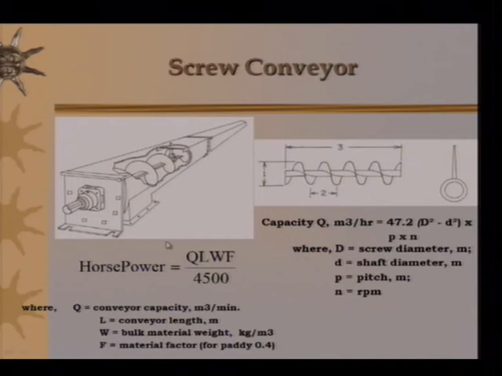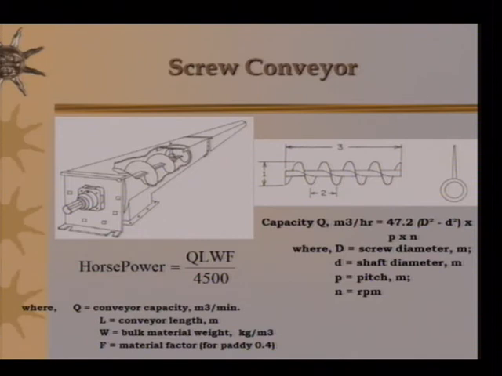The horsepower requirement can be calculated with the formula QLWF divided by 4500, where Q is the conveyor capacity in meter cube per minute, L is the conveyor length in meters, W is the bulk material weight, that is kg per meter cube, and F is the material factor, and for paddy it is 0.4.